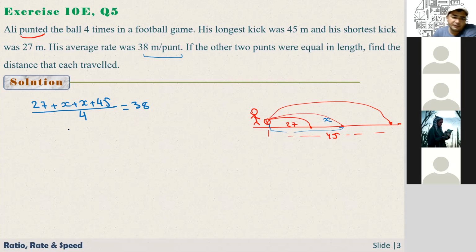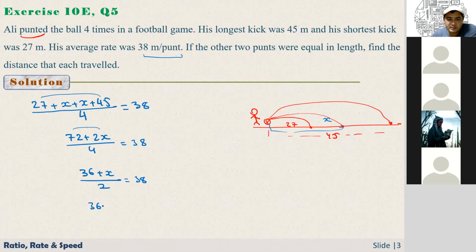Now we need to solve this question. 27 plus 45 is 72, plus 2x, over 4 is equal to 38. Immediately, 72 and 2x have a common factor of 2. If you divide numerator and denominator by 2, we have 36 plus x over 2 is equal to 38.